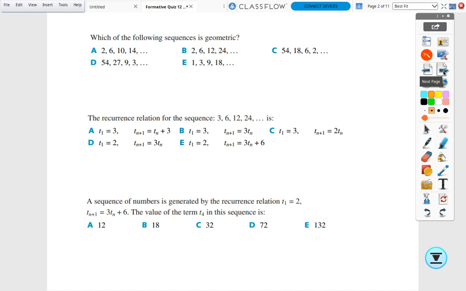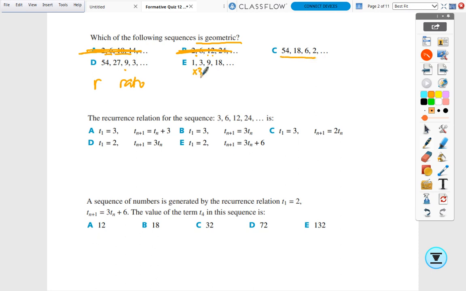Okay, this one says, which of the following is geometric? So geometric is we need to have an R value, which is the ratio, a common ratio. So that's going up by 4, that's going up by 4, so that's an AP. That's a division, that could be a possible one. Times by 3, times by 2, so that's not the same. We'll check that one out.